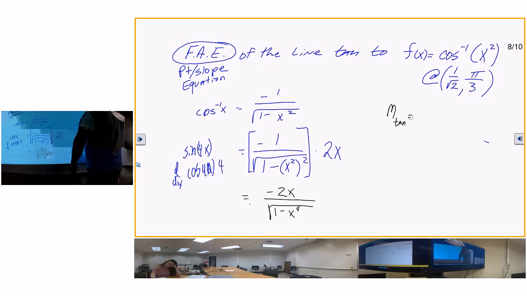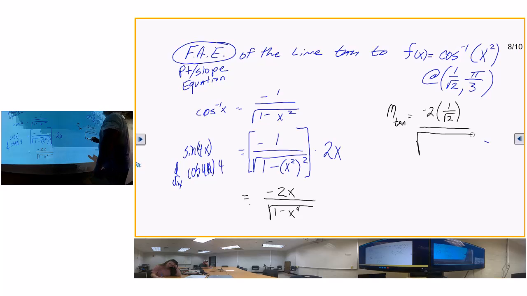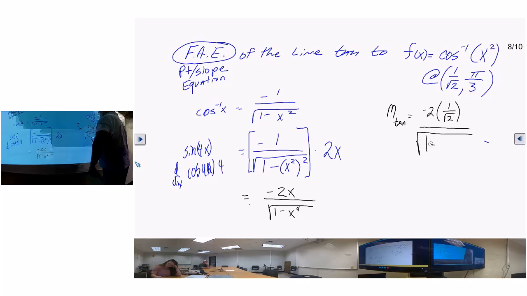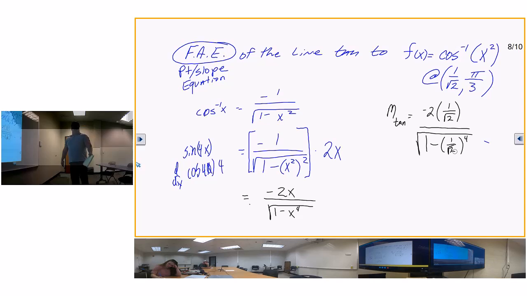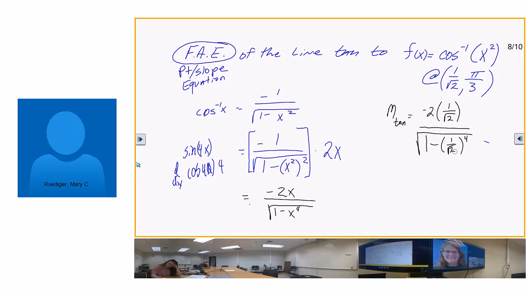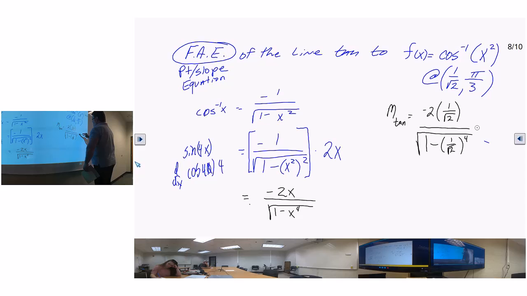And that's going to be equal to negative 2 times 1 over the square root of 2 over the square root of 1 minus parentheses to the 4th, and I'm going to put 1 over the square root of 2 right there. Now calculate that out. And after you calculate it out, I think you come up with negative 4 over the square root of 6. So I'm just going to put dot, dot, dot right here.